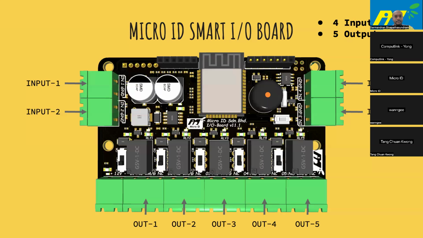Smart IO board, previously known as IO board, is able to do so much that we had to add the word smart to it. With 4 inputs and 5 relay outputs, we are able to do multiple functions using these inputs and outputs.